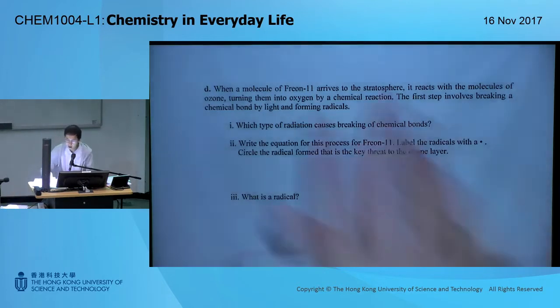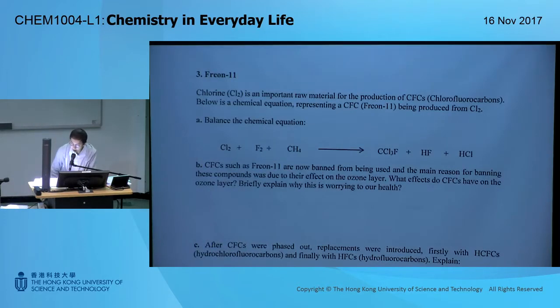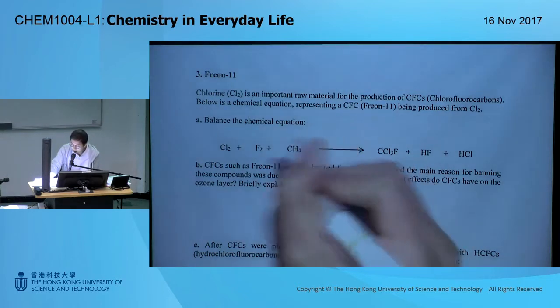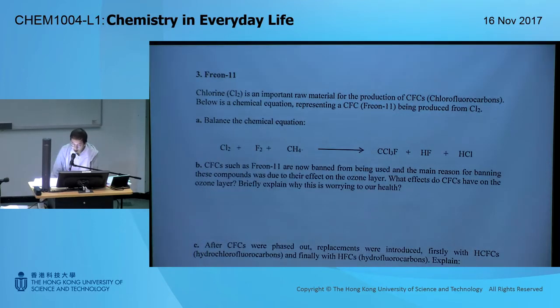Third question about Freon 11. So chlorine is an important raw material for production of CFCs. So you have to write a balanced equation for the chemical equation producing Freon 11. So it's usually made from methane reacting with fluorine and chlorine. So to balance this equation, there is actually more than one way to do it.